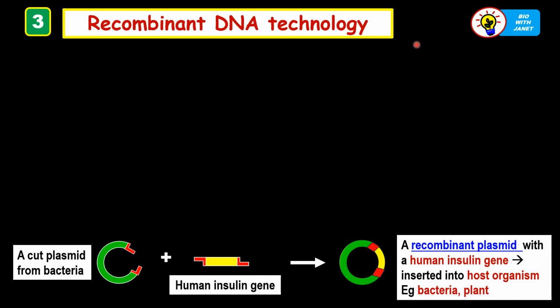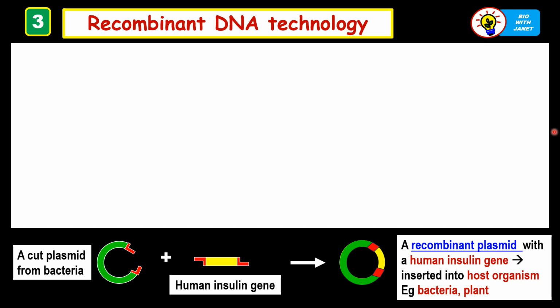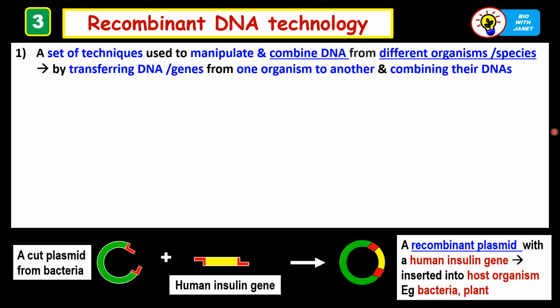Next, what is recombinant DNA technology? So recombinant DNA technology is a set of modern, advanced techniques used to manipulate, to move the DNA around. So manipulate and combine the DNA from different organisms or different species of organisms. So the DNA that is combined can come from two different organisms of the same species or of different species.